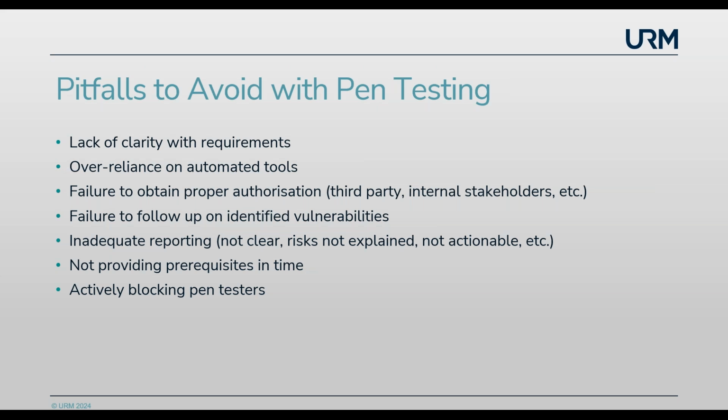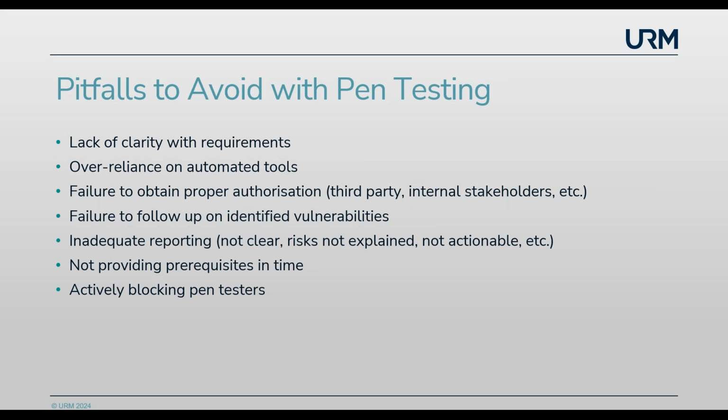Other things are failure to obtain proper authorization, because we are doing everything in a legal way. We need to have the authorization from anyone that hosts the services, or that is responsible for the services. Inadequate reporting: if you do a pen test but the report doesn't tell you how to reproduce the vulnerability, doesn't give you actionable results and recommendations on how to fix those, it's not going to be very useful, because the whole purpose of the test is for you to be able to fix those vulnerabilities.